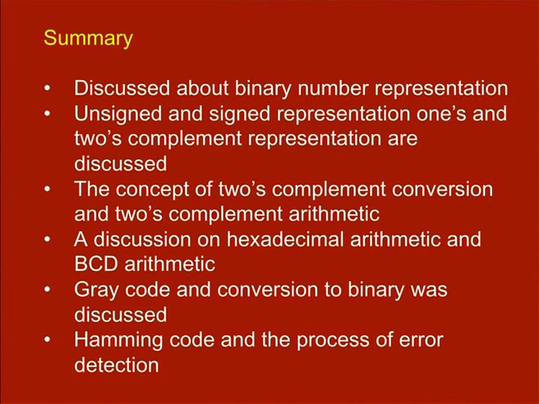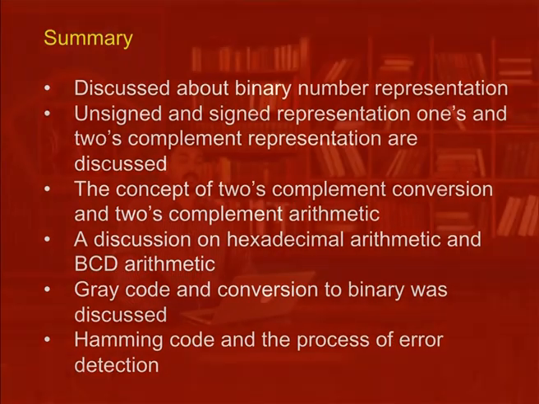We also discussed the arithmetic involved in the twos complement method. Then a discussion on hexadecimal arithmetic and BCD arithmetic followed. Finally, we discussed gray code and the conversion to binary numbers, and in the end an important coding method called Hamming coding, which is used for error detection, was discussed.